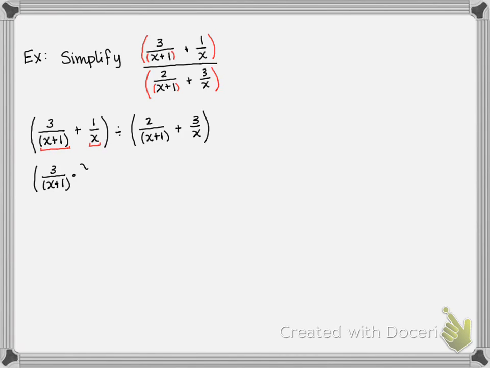So we're going to multiply by x over x, and then by x plus 1 over x plus 1. And that's another reason for those parentheses: if I have something in parentheses like that x plus 1, it is a different factor than anything else.